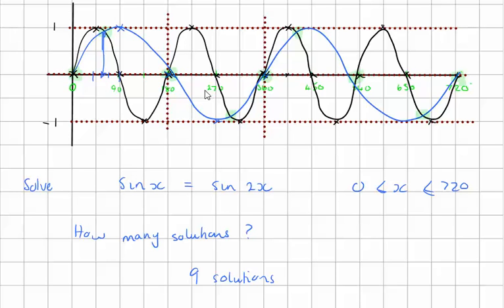We do know some definite solutions. They would be what? 0, 180, 360, 540, 720. So we've got those definite ones, but then these other ones we might estimate. That can show you where you could find where one function equals another. Another way to write that would be f of x equals g of x.